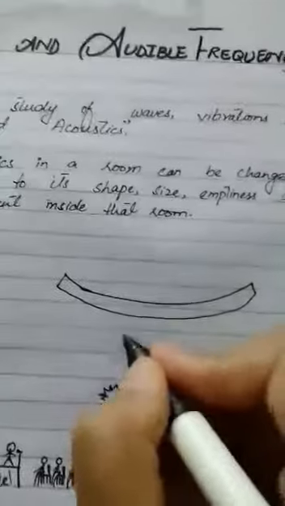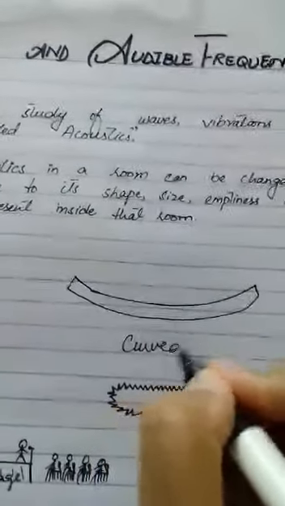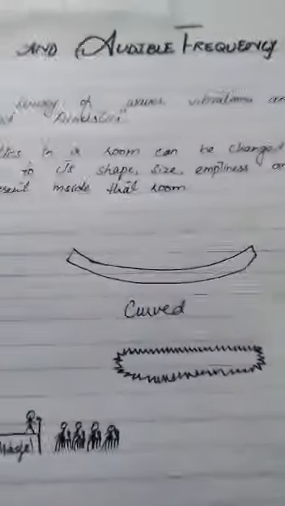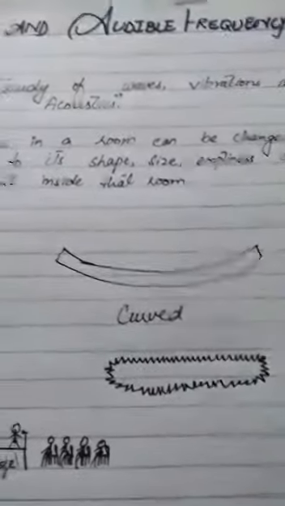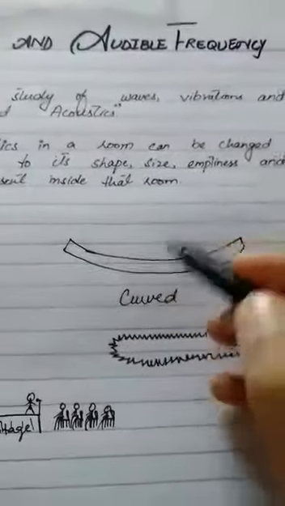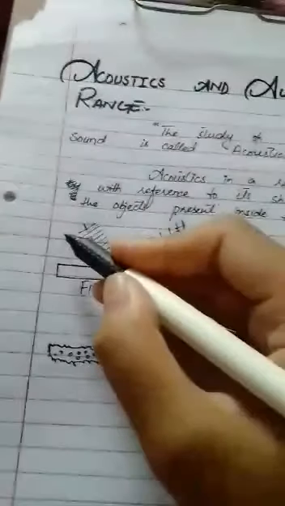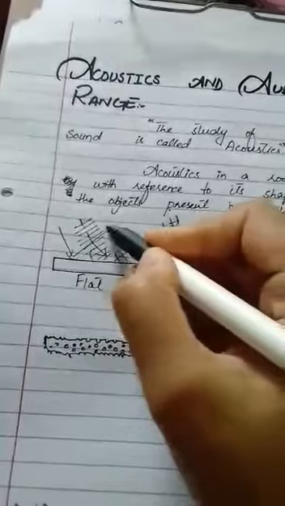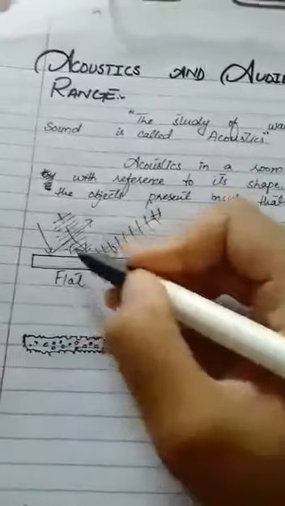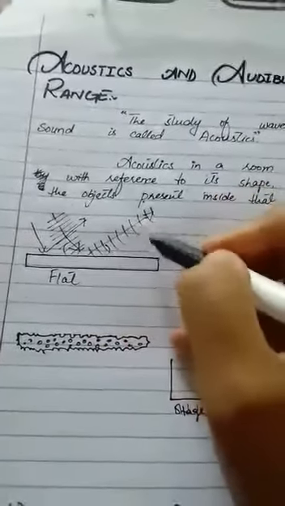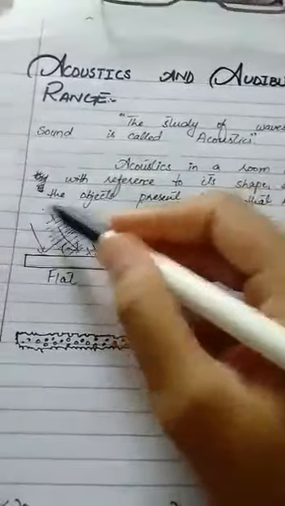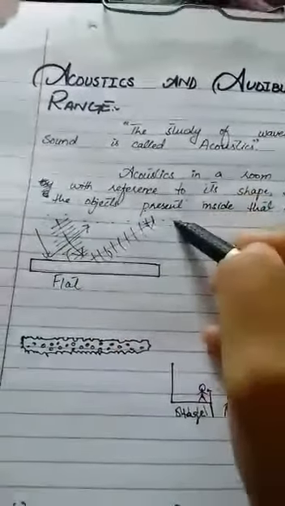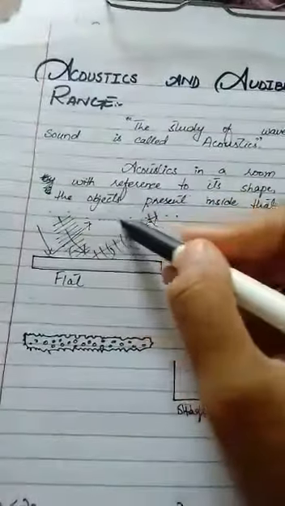Coming to curved surfaces. What do curved surfaces do? They do not reflect sound in all directions. In a flat surface, reflection takes place all over the surface, and we can observe different reflected waves all over the area.